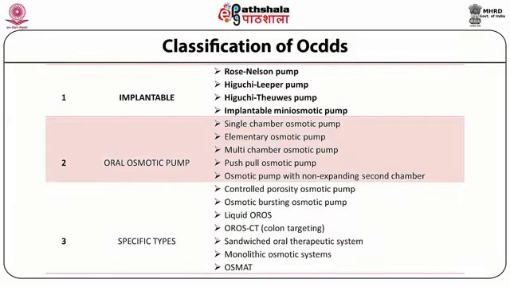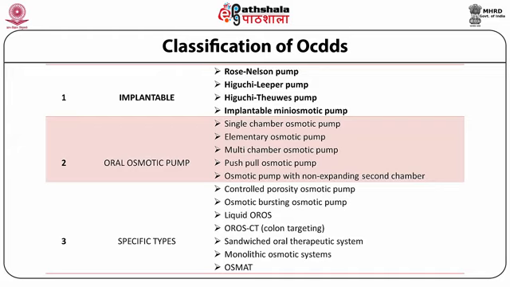This slide is about the classification of osmotic controlled drug delivery systems. You can categorize them in different ways, but the most commonly used classification is implantable, oral osmotic pump, and some other specific kinds. Let's first come to the implantable one.